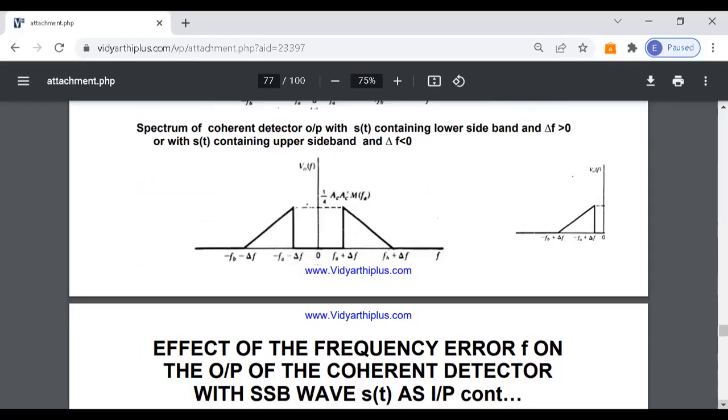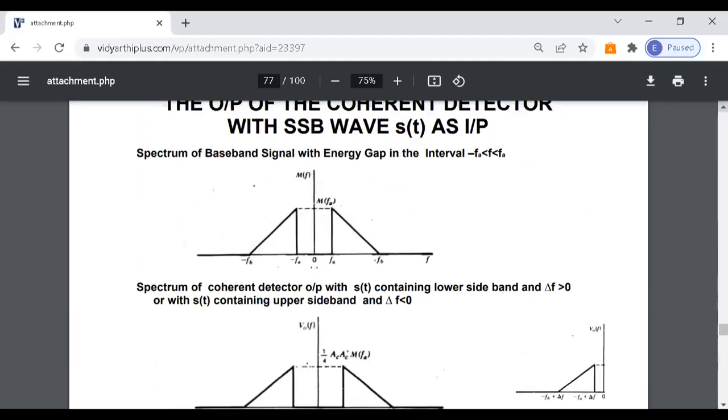So this is just going to show you in your transmission the effects of various errors.